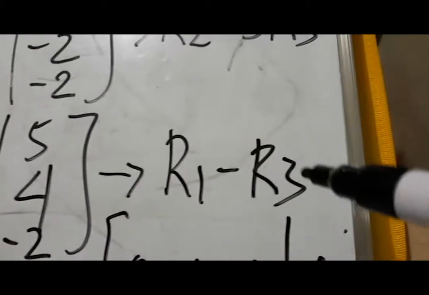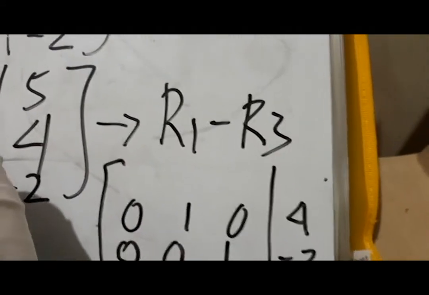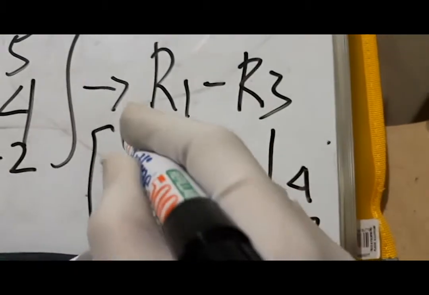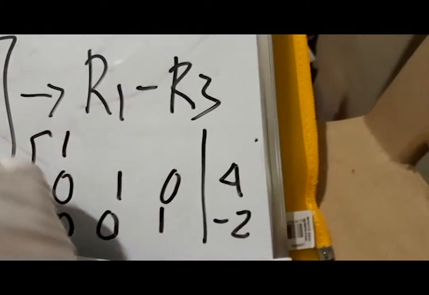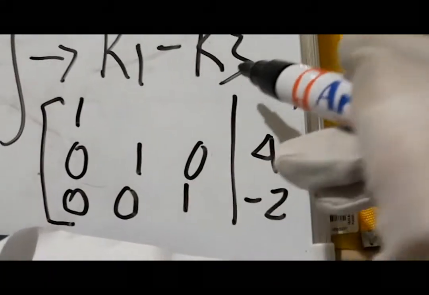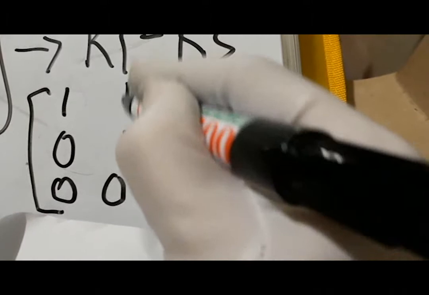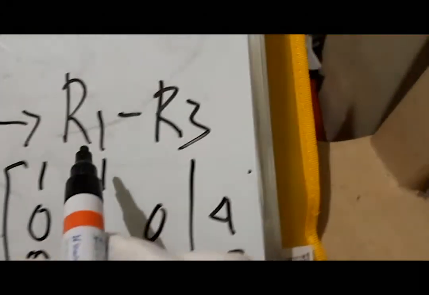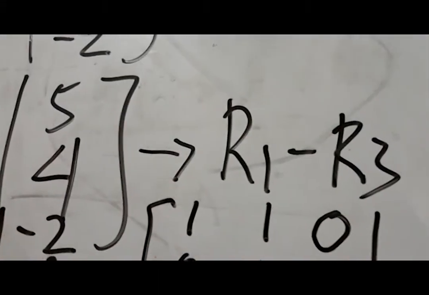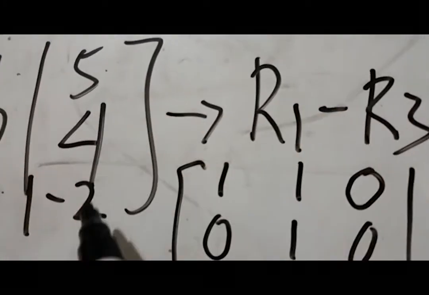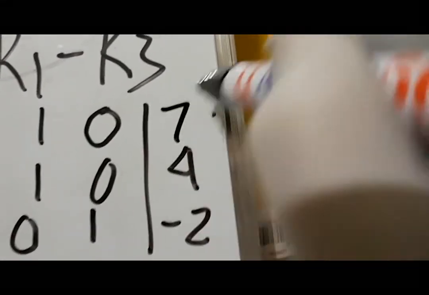Then the other one is, so R1 is 1 minus R3 is again 1, and then 1 minus 0 is 1, then 1 minus 1 is 0, since our row operation is R1 minus R3, and 5 minus negative 2 equals 7.